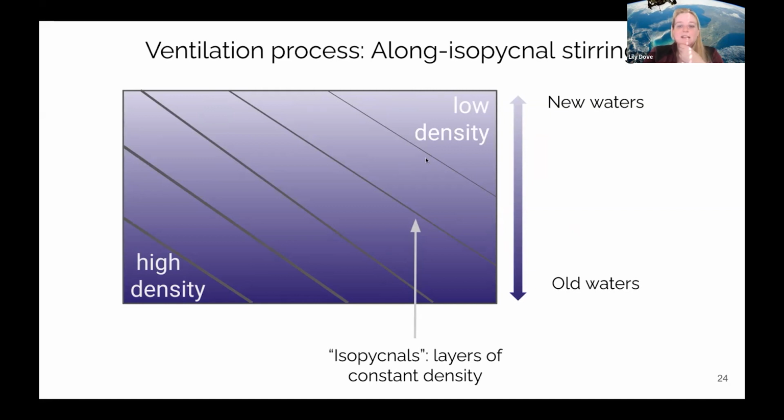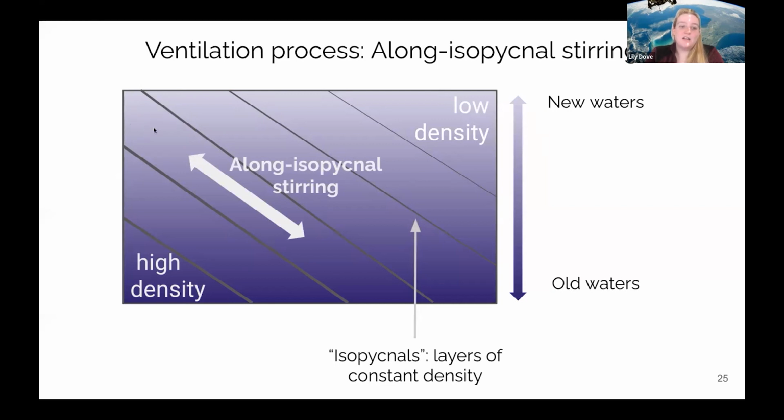And so that means that while we still have this gradient of new waters to old waters from the surface to depth, we instead have these tilted isopycnals with low density on one side and high density on the other. And because waters like to stir along their given densities, we can get along-isopycnal stirring of tracers, and in this case, AOU.